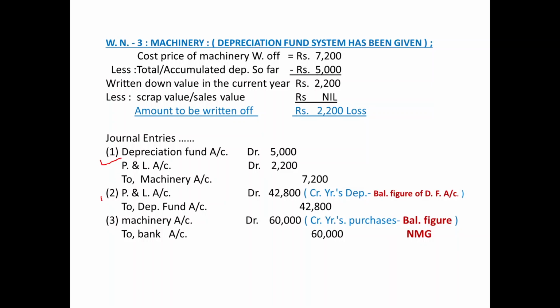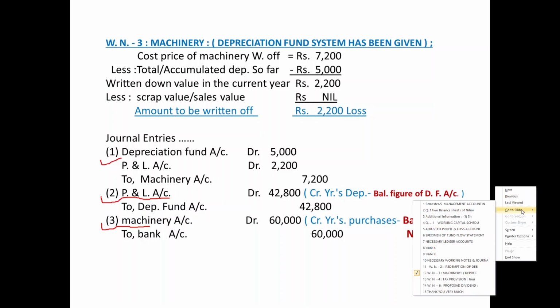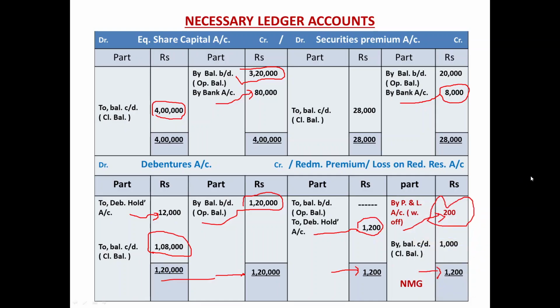Now second, current year's depreciation, profit and loss account debit to depreciation fund account credit 42,800, and the third one is for the purchases made during the year, machinery account debit to bank account credit 60,000. So three journal entries for the transaction of machinery. Now fund flow impact. Have a look at machinery account first.